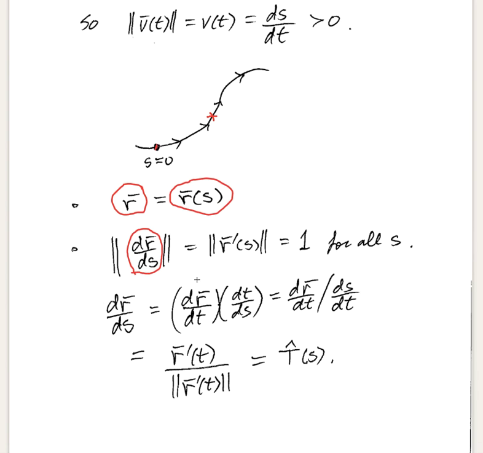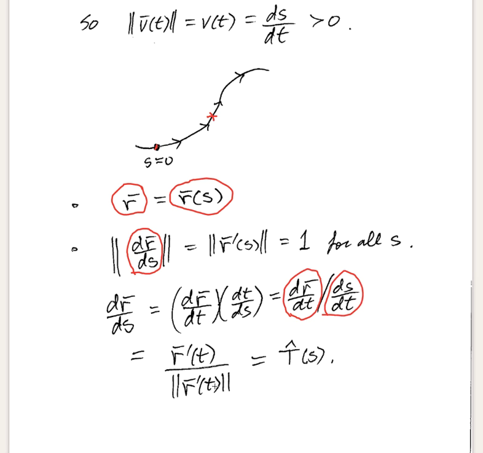Okay, let's think of it the old way here. Dr over ds, just consider that for a second. That's dr over dt times dt over ds by the chain rule. That's dr over dt divided by ds over dt. And you can see here that this is going to be velocity, and this is going to be speed, or the magnitude of the velocity.